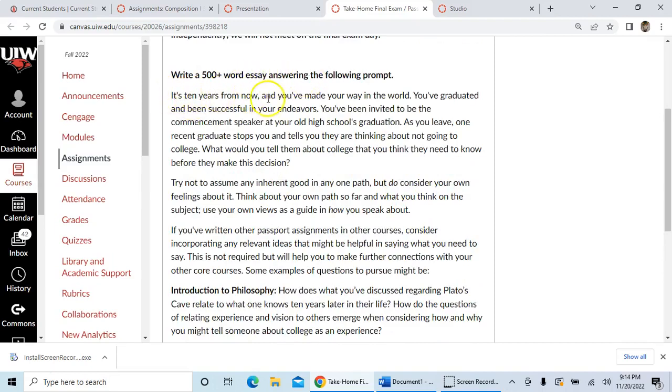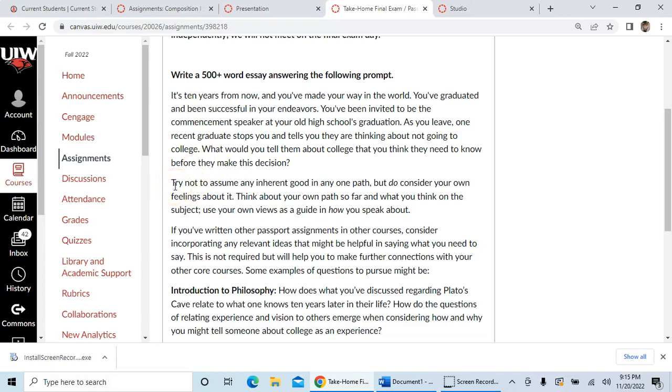It's 10 years from now, and you've made your way in the world. You've graduated and been successful in your endeavors. You've been invited to be the commencement speaker at your old high school's graduation. As you leave, one recent graduate stops you and tells you they are thinking of not going to college. What would you tell them about college that you think they need to know before making this decision?